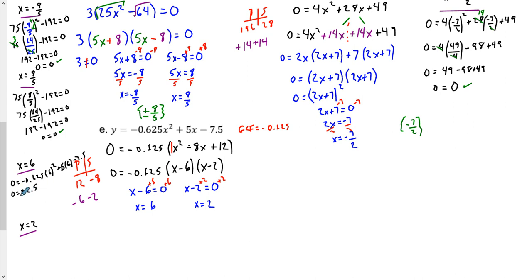Sorry, that should be a negative. 5 by 6 is 30. If you subtract that 7.5, 0 equals 0. So that one's good. So I can already start off with my solution set.